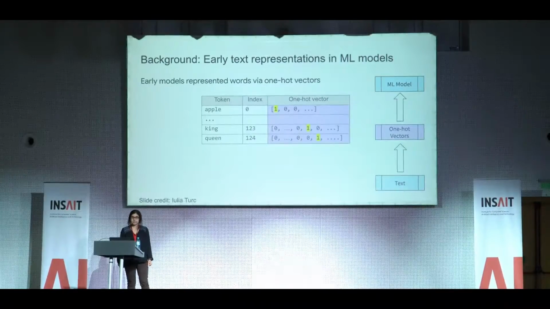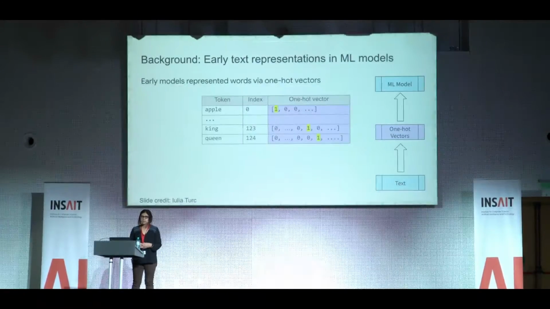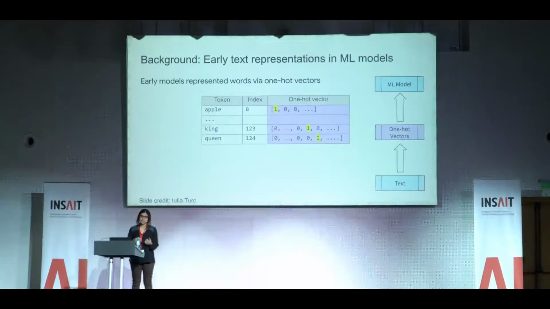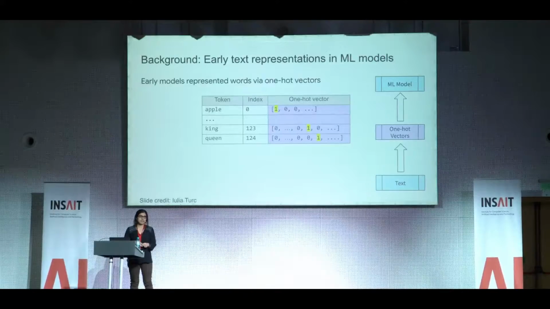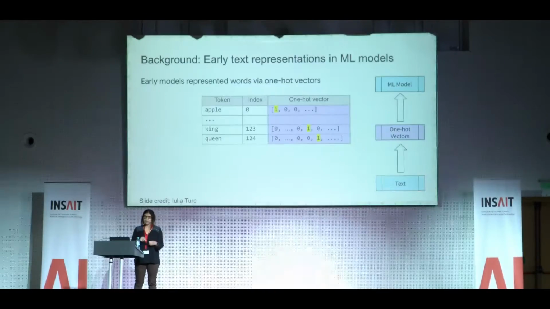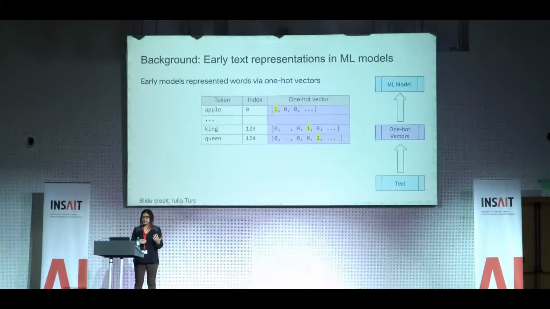In order to build a machine learning model from text, for example, if we want to classify movie reviews, we need to first represent the words with vectors. And traditionally, words in early models were represented with one-hot vectors. And those are just large vectors that for every word, they would have a 1 in one place and 0 anywhere else to indicate the word.